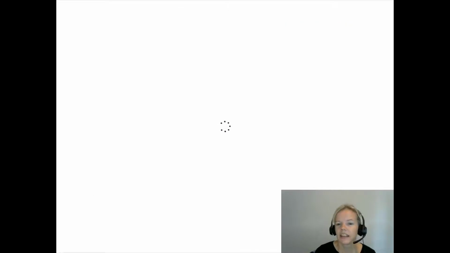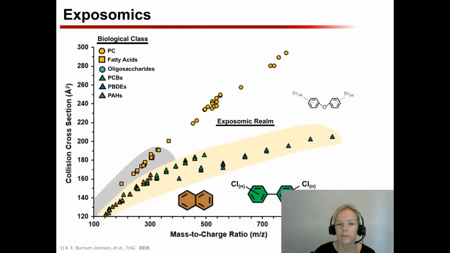So we started to look into this a little bit more, and we looked at PPDs, and also still having those PBDEs in there, we could see that we basically had an exposomic realm where we were separating our biomolecules, which are seen more up high in this plot, from our exposure or our xenobiotic molecules. And we thought this was really interesting, so we wanted to really look into that and see how true that was.